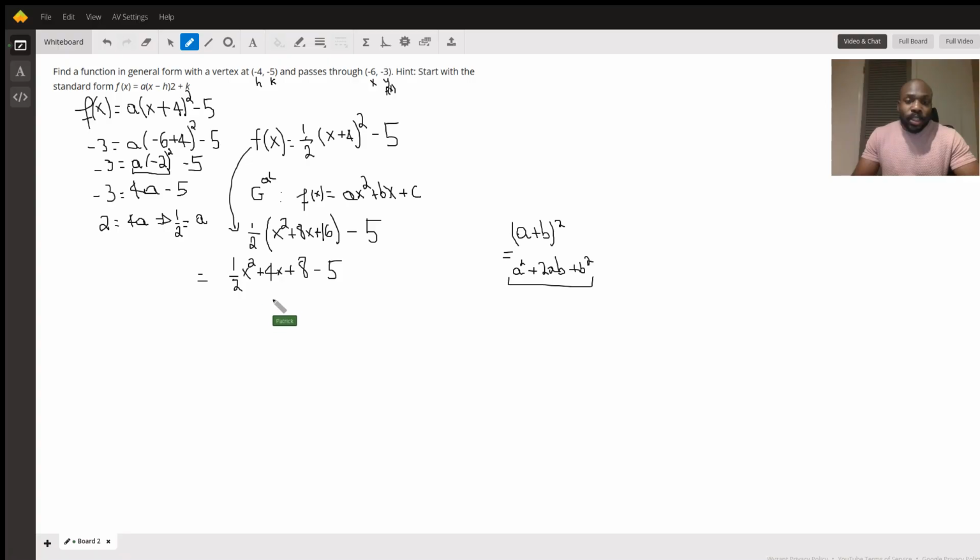And then we get the general formula. So f of x in general form is 1/2 x squared plus 4x plus 3.